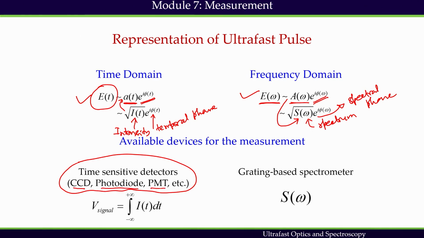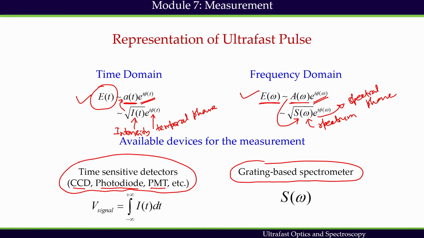On the other hand, in the frequency domain, we have the grating based spectrometer. So, these are the two devices we have for the measurement. Now, unfortunately, available time sensitive detectors are way too slow to measure ultrafast pulse intensity profile and field oscillation as well.